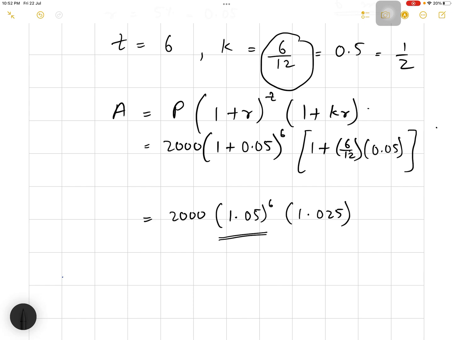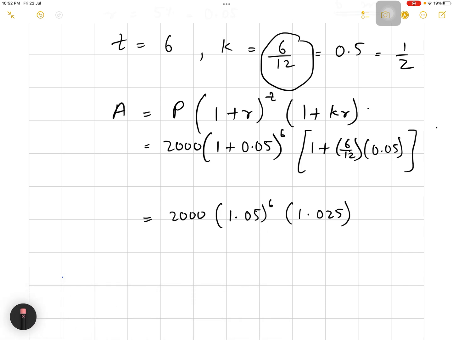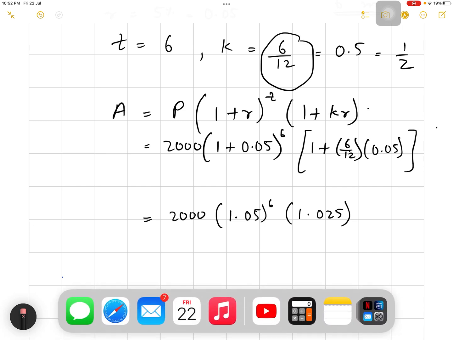Now let's calculate this. We'll take only 4 decimals, then multiply by 1.025 and 2000. Let's calculate 1.05 raised to 6.